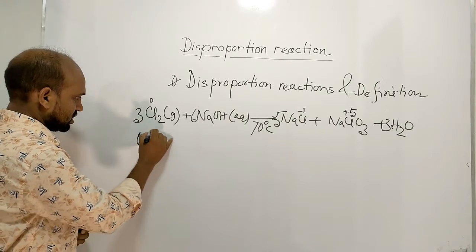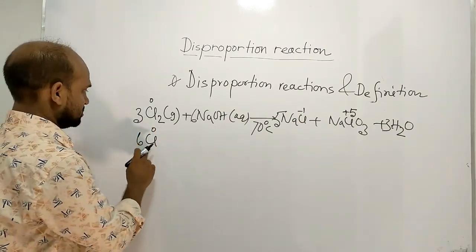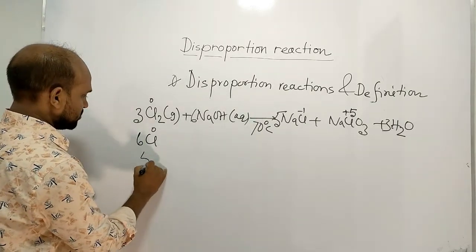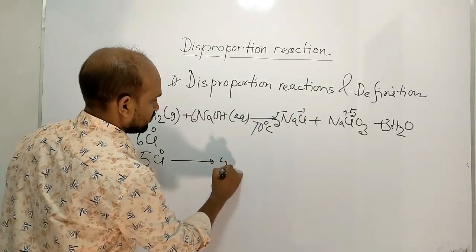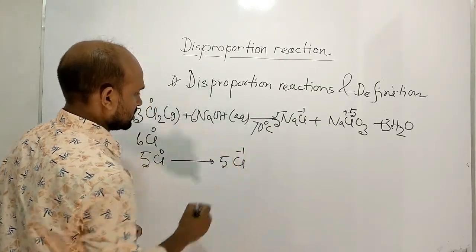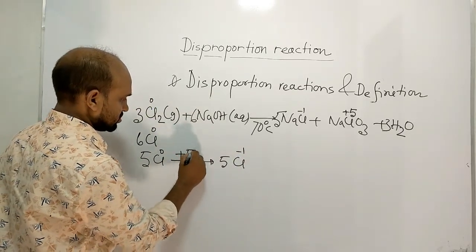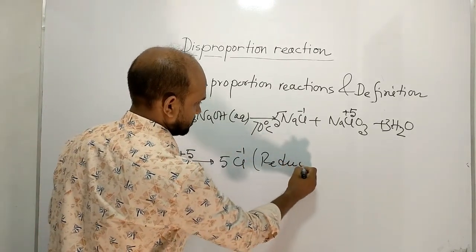Total 6 chlorine atoms with 0 oxidation number. Out of these 6 chlorine atoms, 5 chlorine atoms are changed to 5 chloride ions, accepting 5 electrons. This is a reduction.